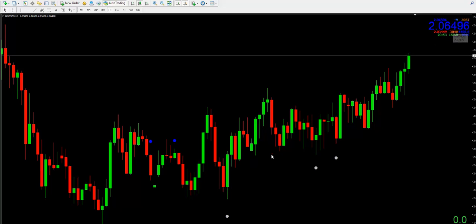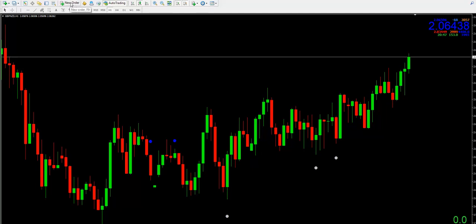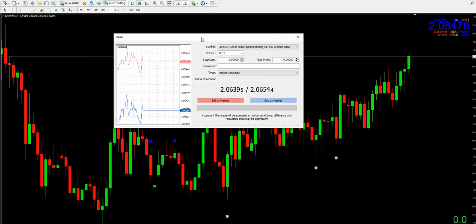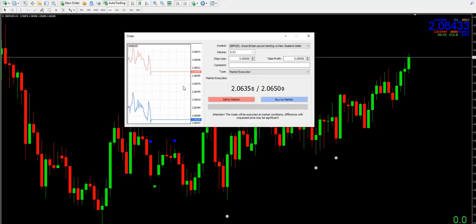Having done your analysis and you've determined whether the price is going up or down, you would then obviously go to the button here which says new order. You click on that and it brings up this box, where you're going to be either choosing to enter the trade by buying or selling the currency, one currency against another.